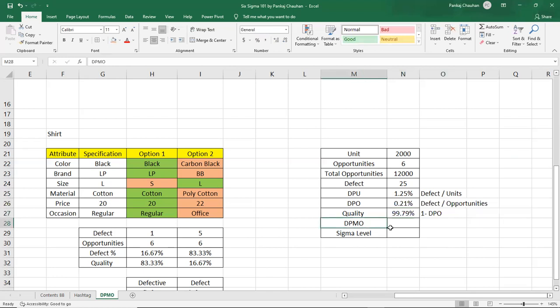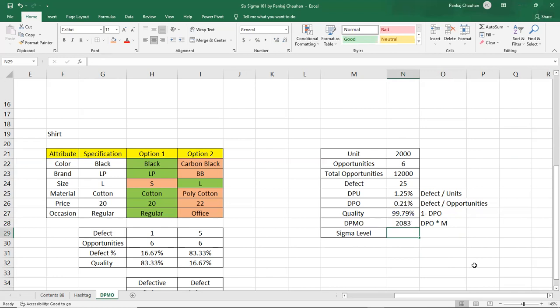Now you want to get the DPMO. DPMO is equal to DPO multiplied by M. M stands for million. So my DPO is 0.21% multiplied by a million, which is 10 to the power 6. DPMO of this process is 2083 approximately. And I want to convert this into the sigma level.